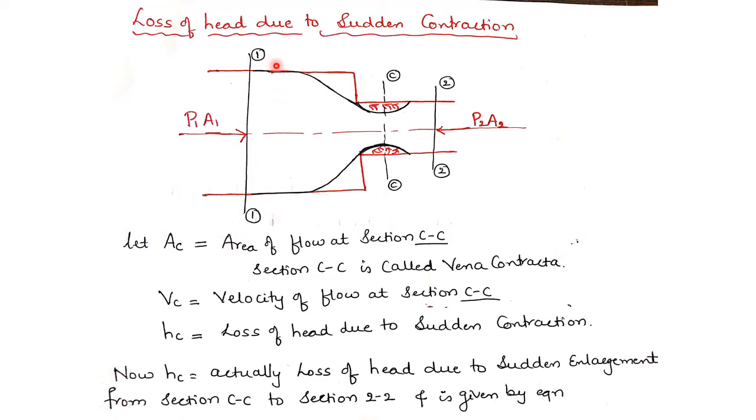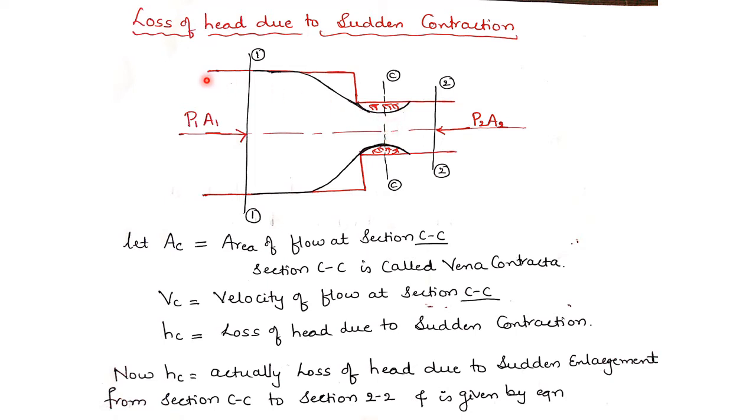So here in the sudden contraction of the pipe, as the liquid flows from the larger diameter pipe to the smaller diameter pipe, the area of flow goes on decreasing and it becomes minimum in the smaller diameter pipe.